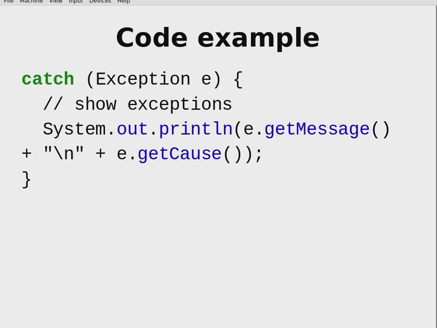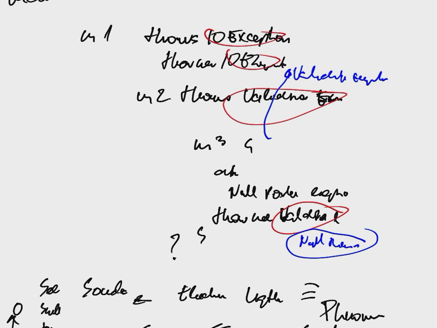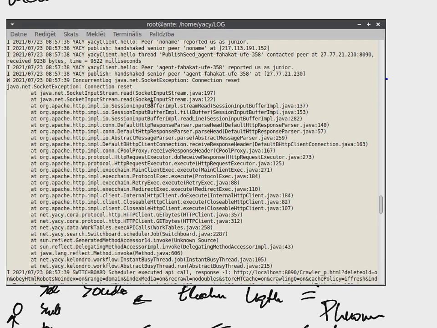And as I showed you here, you can read all this data. This is the class, this is the file, this is the method, and this is the particular line of code.